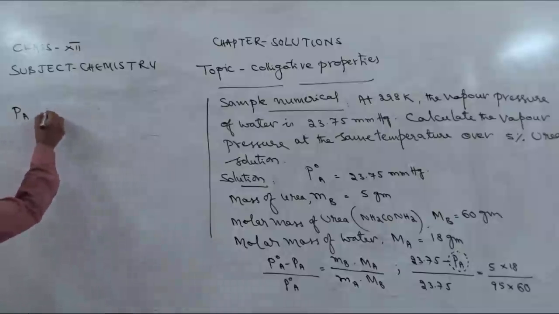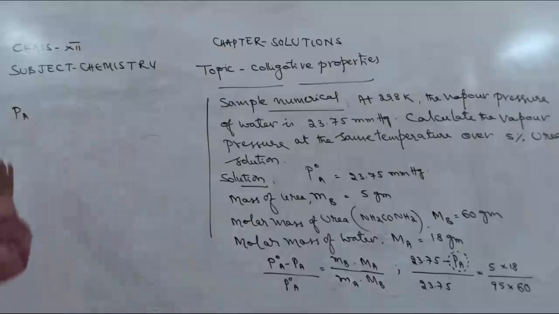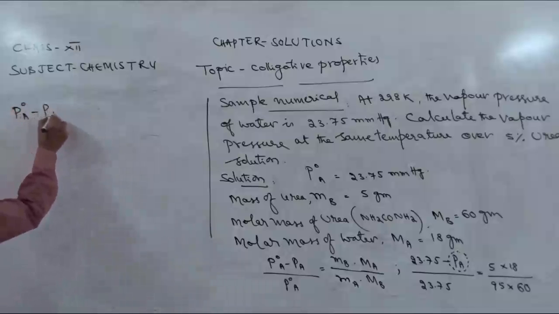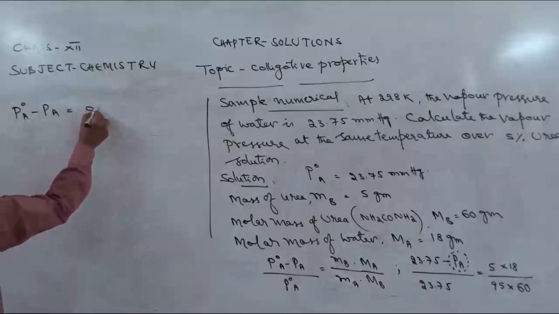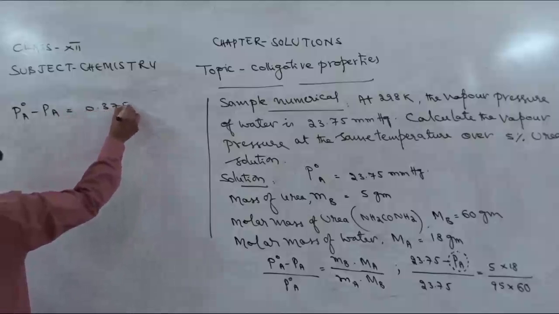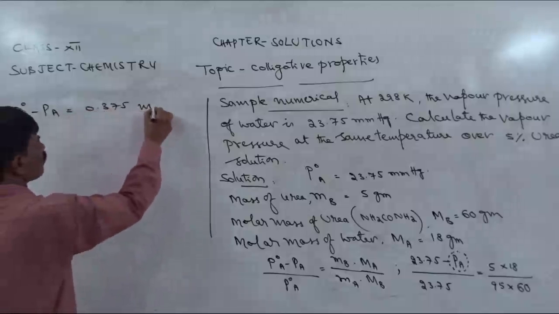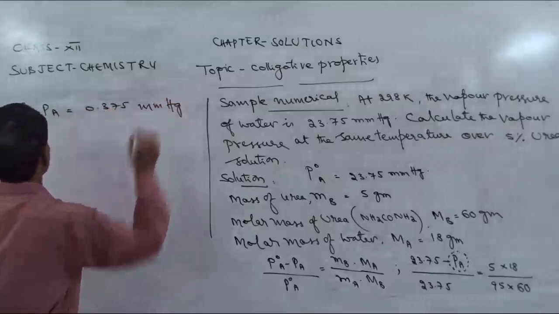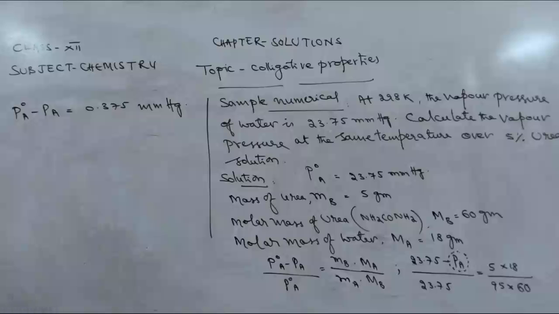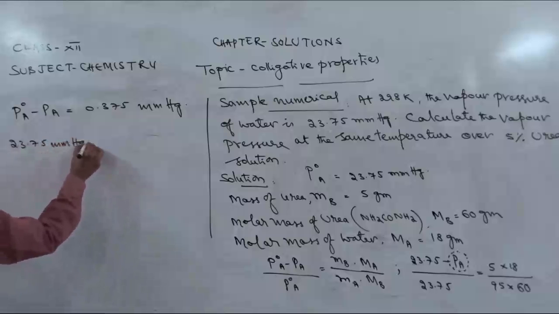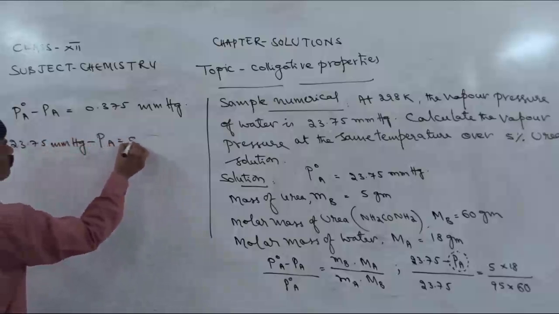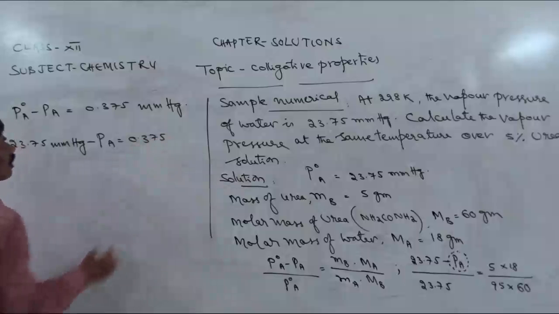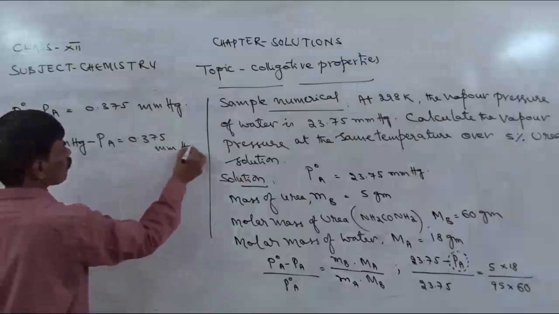So you will get P naught A minus PA. This value you will get 0.375 millimeters of mercury, and P naught A value is known to us, that is 23.75 millimeters of mercury minus PA is equal to 0.375 millimeters of mercury.